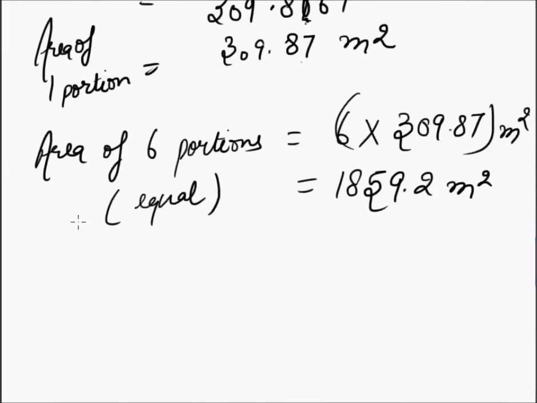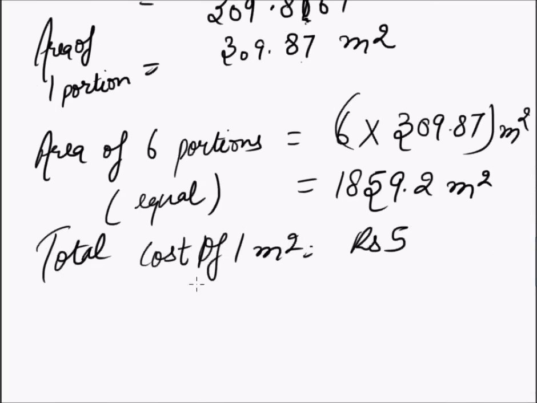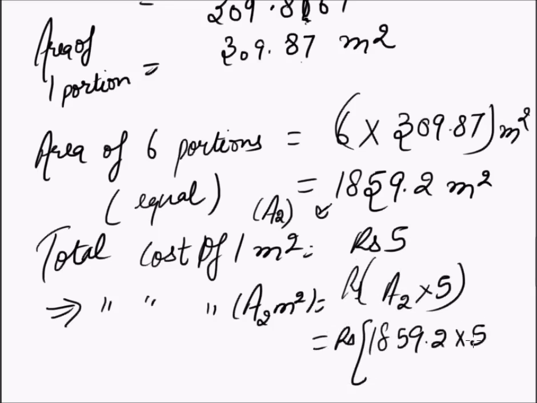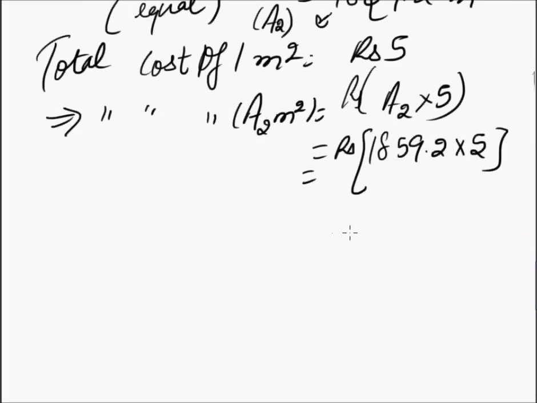Therefore, the total cost of 1 meter square is rupees 5, which implies that the total cost of this area, say it be A2 meter squares, will be A2 into 5 rupees, that is 1859.2 into 5, which on calculation will give us 9296 rupees.